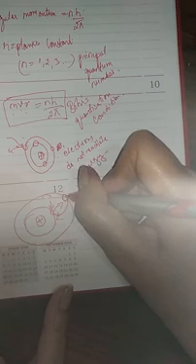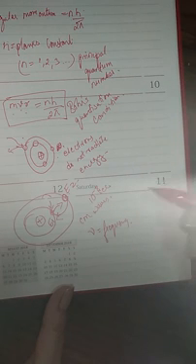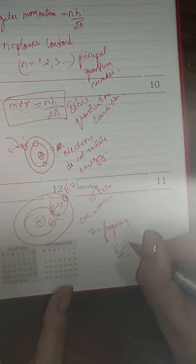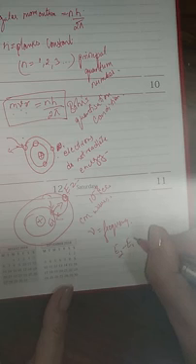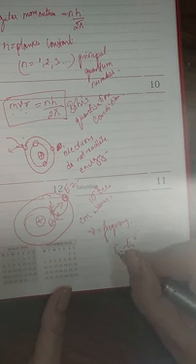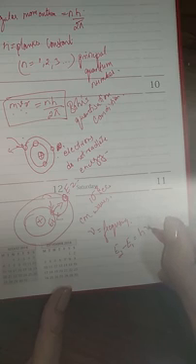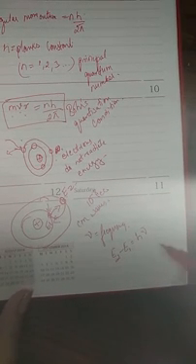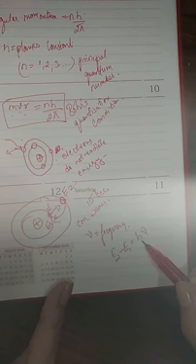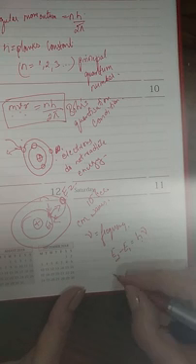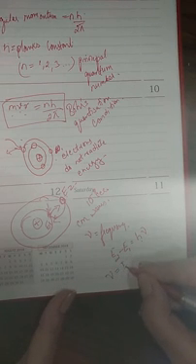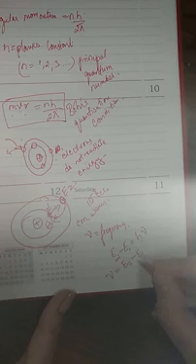Suppose the energy at the higher orbit is E2 and the energy at the lower orbit is E1. Then E2 minus E1 equals h nu: whenever it jumps from a higher to a lower orbit, it radiates electromagnetic waves of frequency nu, where h is Planck's constant. So from here, nu equals E2 minus E1 divided by h.